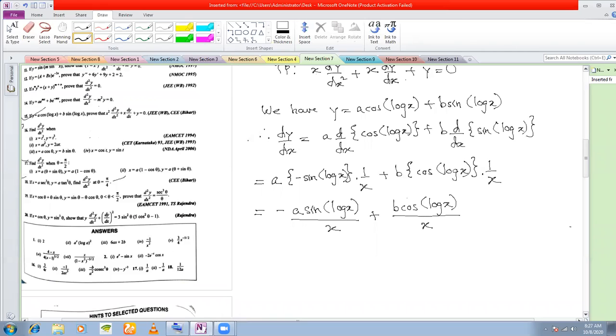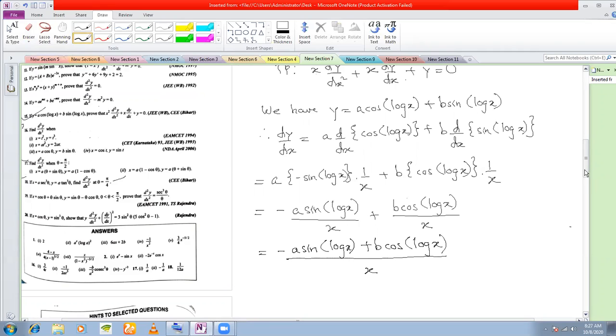So what you do here is, since you have x in the denominator, you can write this expression as minus a sine log x, you can take the LCM actually, plus b cos log x whole divided by x.